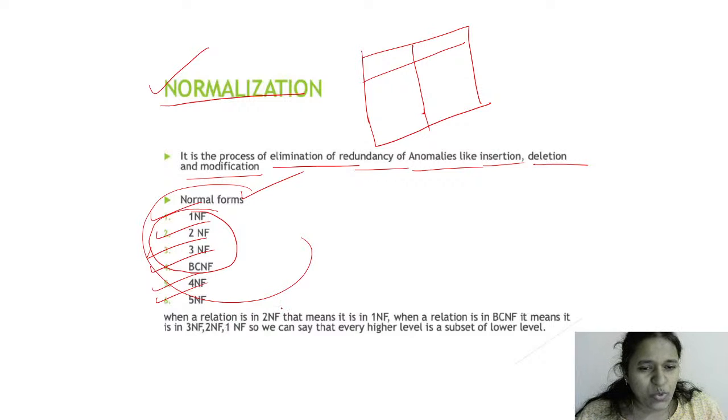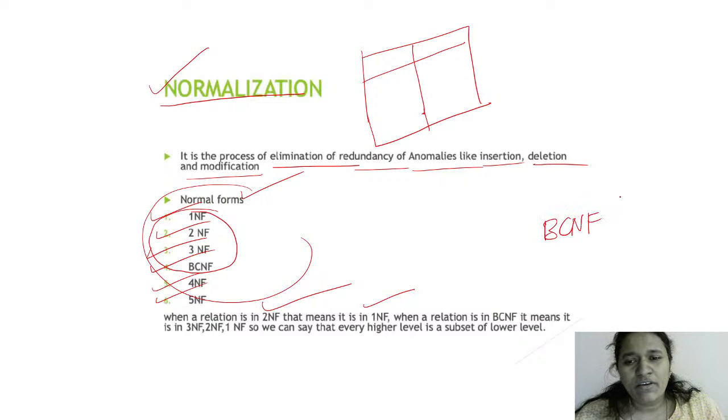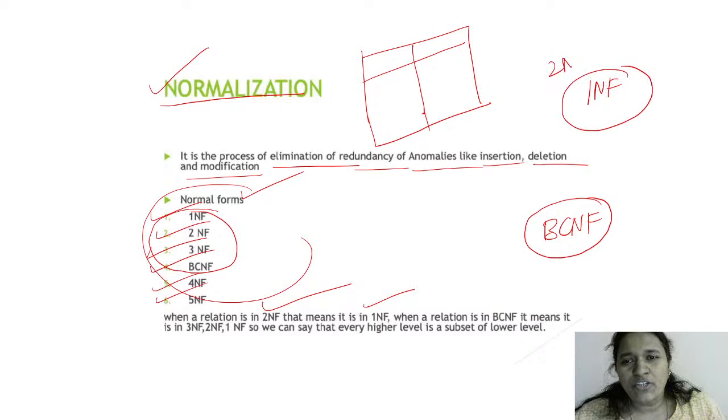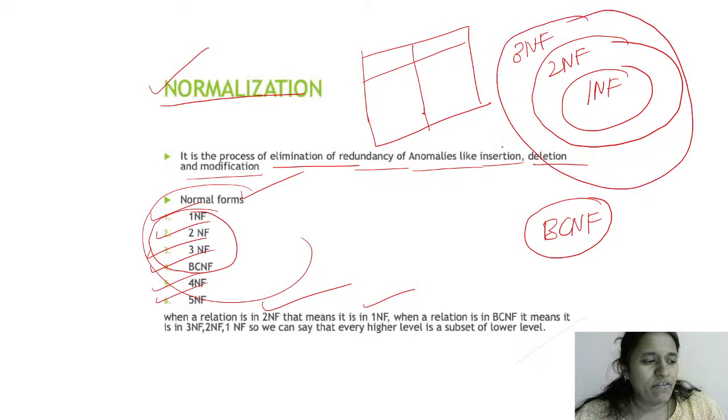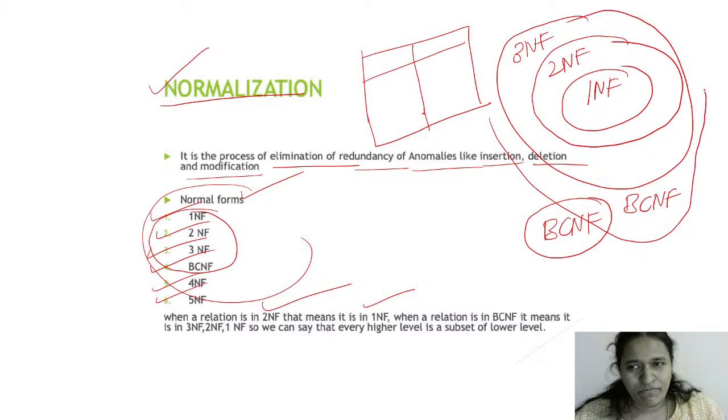When a relation is in 2NF, that means it is in 1NF. This is the diagram, friends. If a relation is in BCNF, it is in 3NF, 2NF and 1NF also.